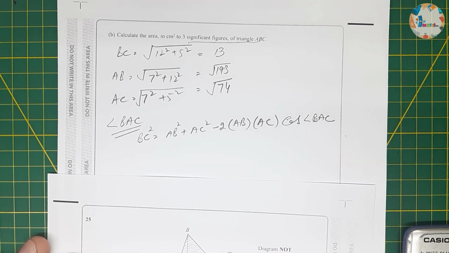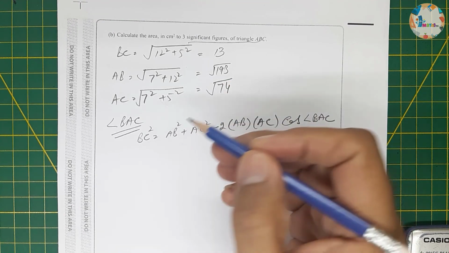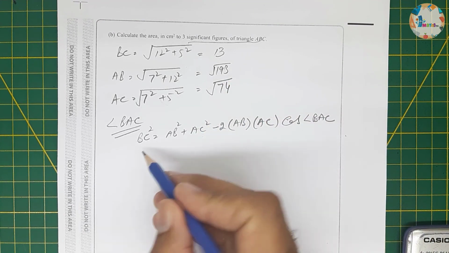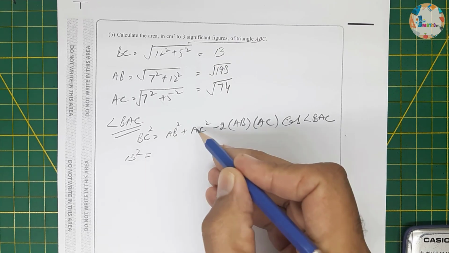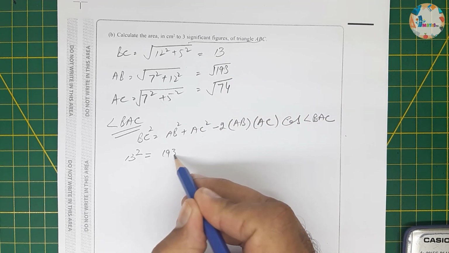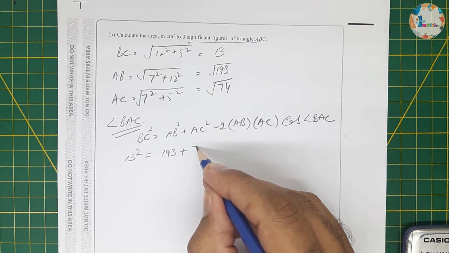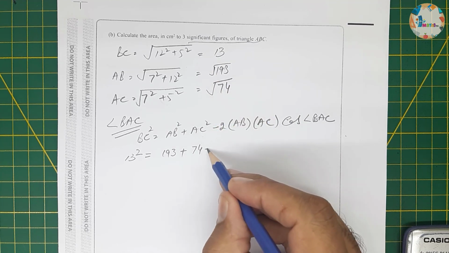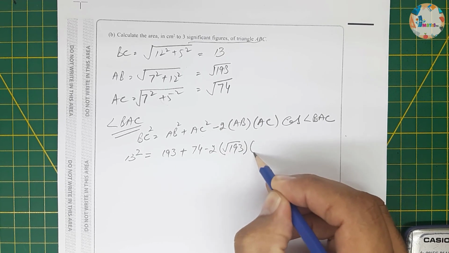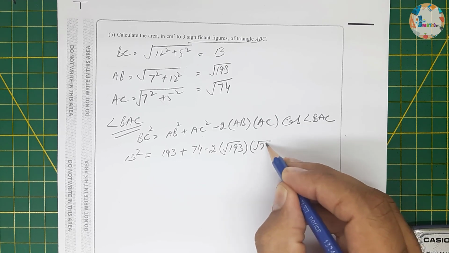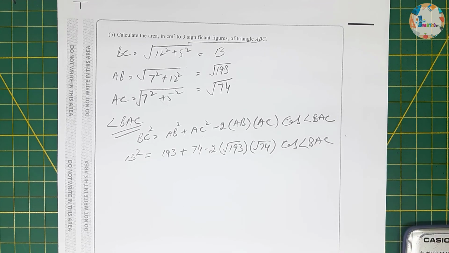So this is the cosine rule which we will be applying, and these are the values which we can replace over here. BC is 13, so we can write 13 squared is equal to AB squared will be 193, and root and square will cancel. So AC squared will be 74, and minus 2 into AB will be root 193, and AC will be root of 74, and cos of angle BAC, which we have to calculate.